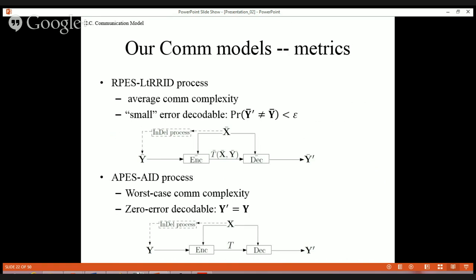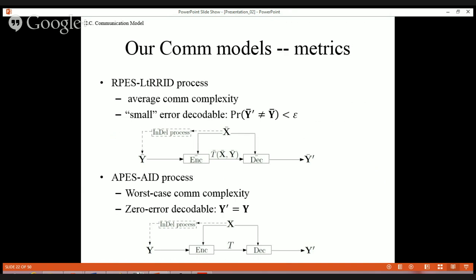For these two different indel process models, we have different metrics for the communication model. In the random model, we want to get average communication complexity, and we allow small error decodability.